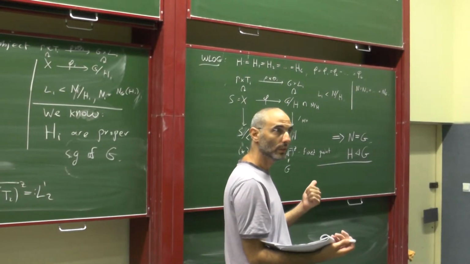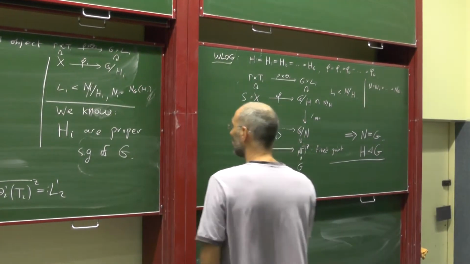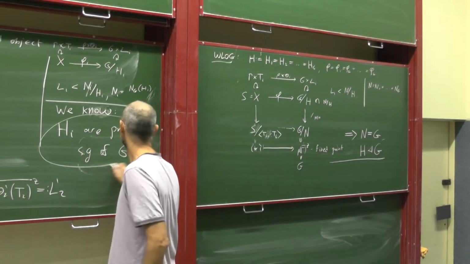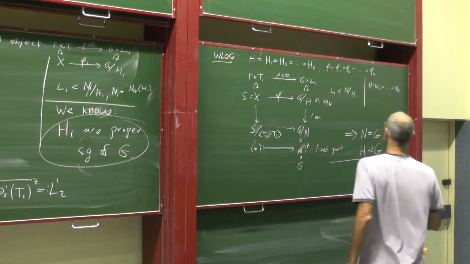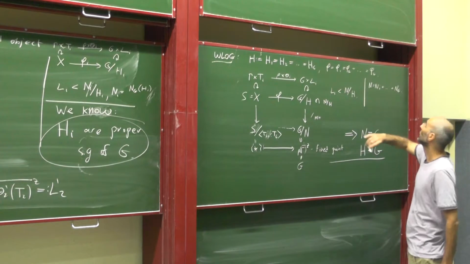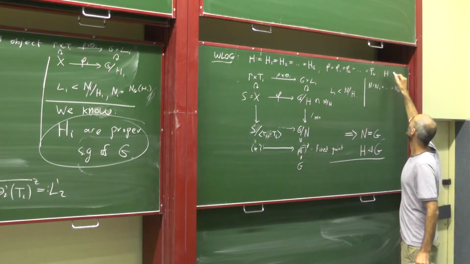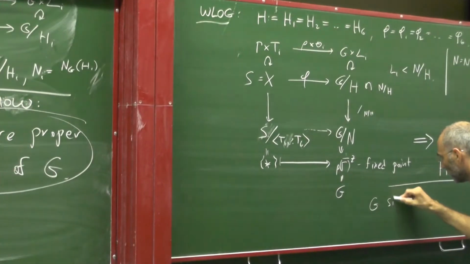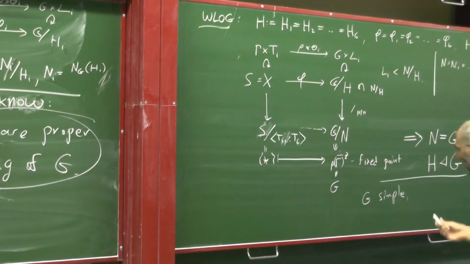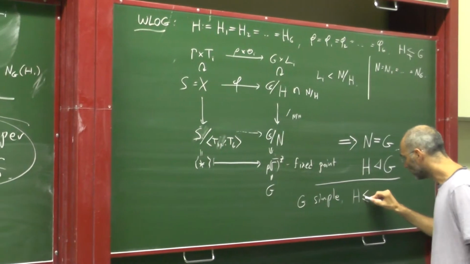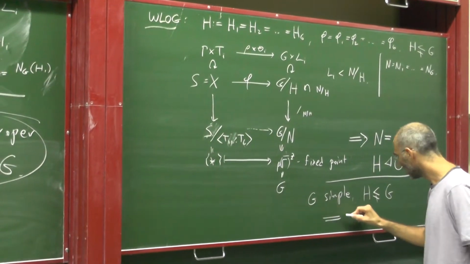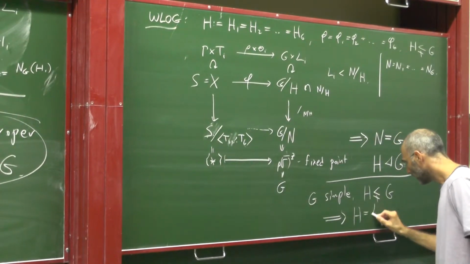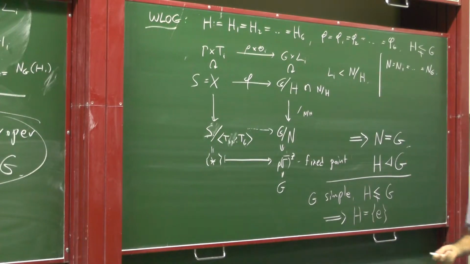Either H is the trivial group or H is G itself. Now, here we go. H is not G, G simple. H is not G implies H is the trivial group. It was trivial all along, I just didn't know it until very recently.